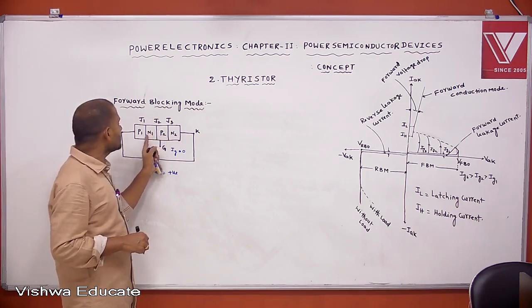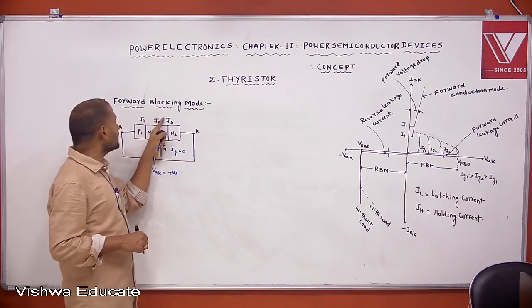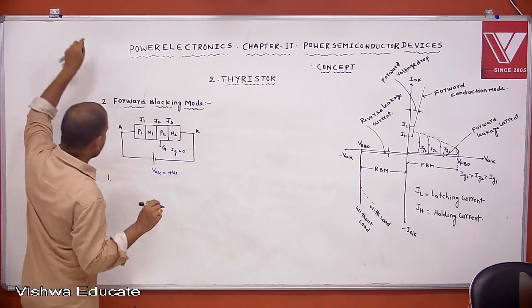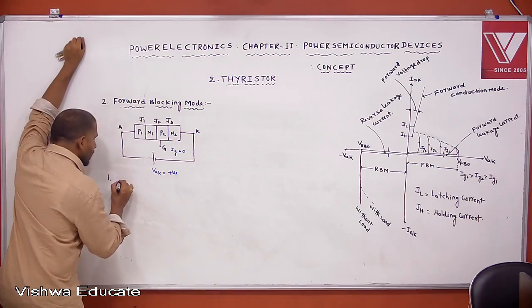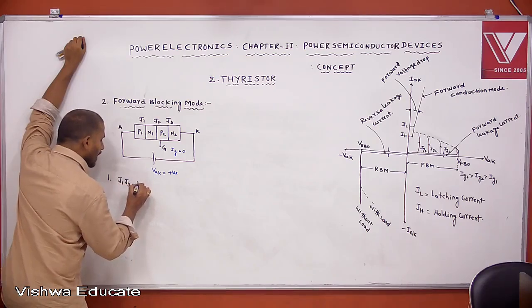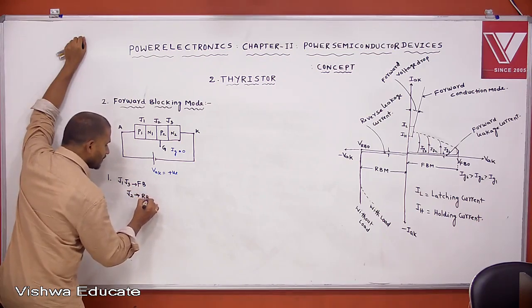Are carriers crossing the J2 junction? No. Majority carriers are not crossing the junction. That's why J2 is treated as reverse bias. That's the first observation. Under forward blocking mode of operation, J1 and J3 are forward bias, and J2 is reverse bias.